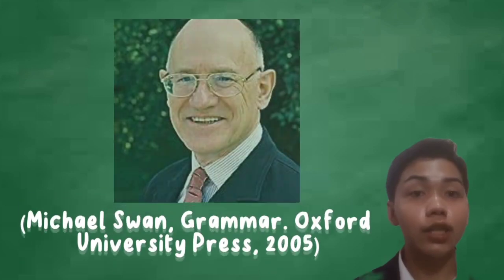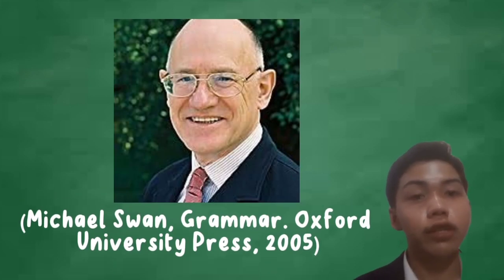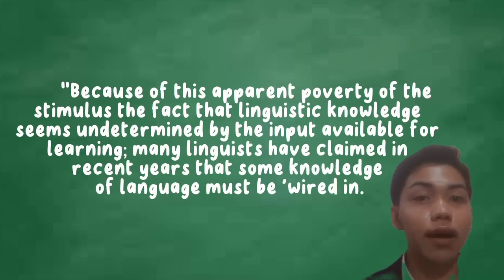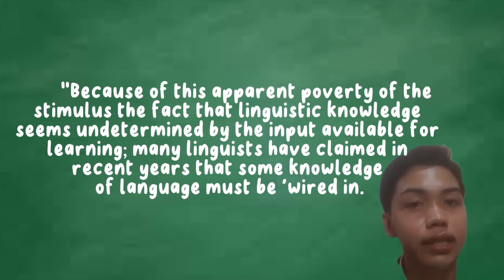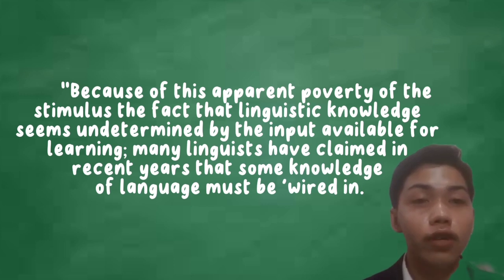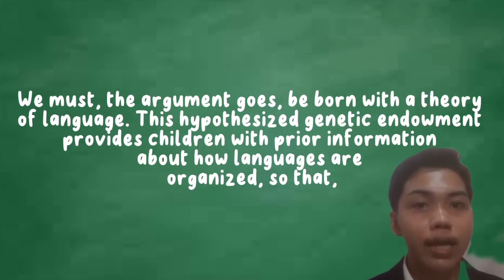So for further explanation, according to Michael Swan, Grammar, Oxford University Press, 2005, because of this apparent poverty of the stimulus, the fact that the linguistic knowledge seems underdetermined by the input available for learning, many linguists have claimed in recent years that some knowledge of language must be innate. We must, or the argument goes, be born with a theory of language.